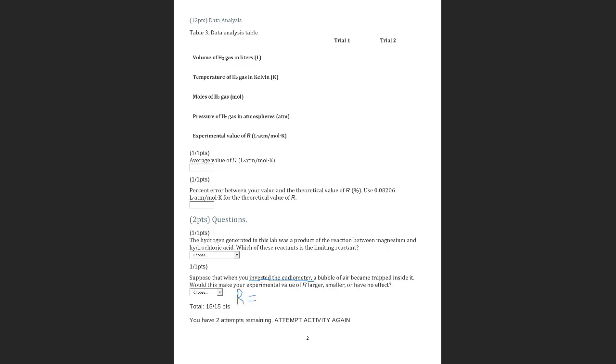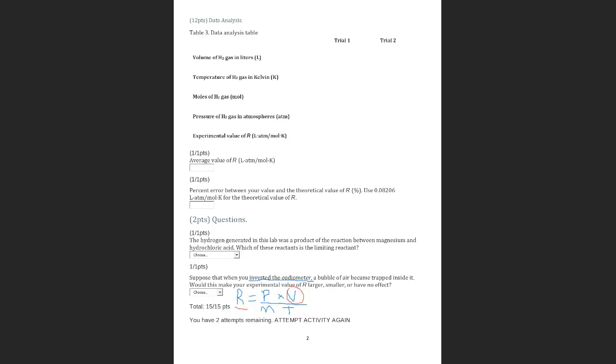R equals pressure times volume divided by number of moles and the temperature in Kelvin. So if we have an experimental value of the volume higher than the true value, the R is going to be higher.